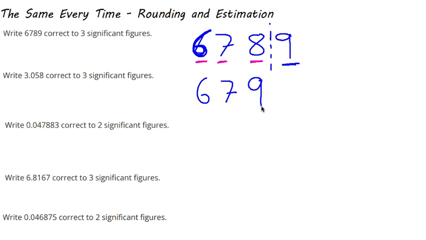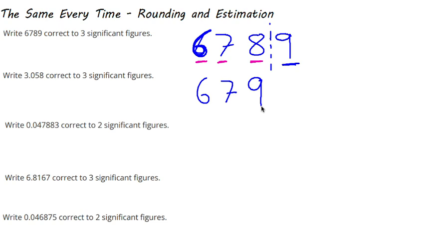Now, we have something with significant figures that's slightly different than what we would see with decimal places. Because with significant figures, I now have to fill in the number with zeros as far as either the decimal point or the end of the number. Because this would be extreme rounding, wouldn't it? To round 6,789 to 679, that's quite severe rounding.